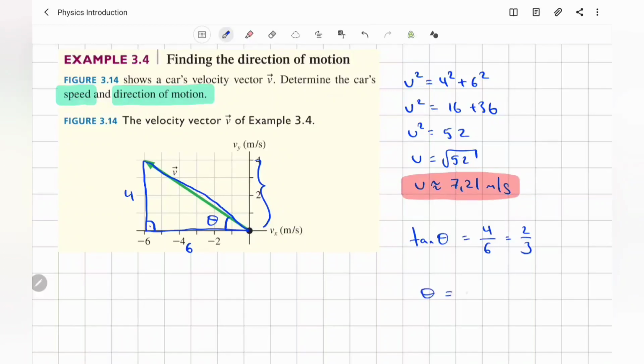So from here the angle equals arctangent of 2/3, and my calculator says that it's approximately 33.7 degrees. This is the direction, basically. Let's continue.